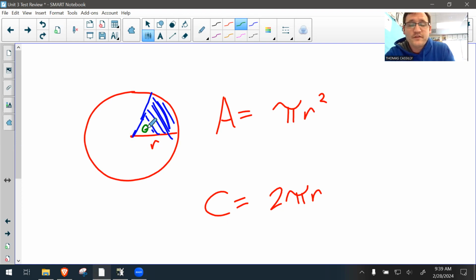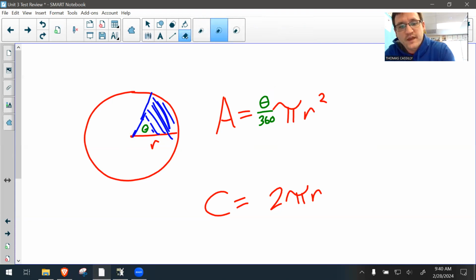In degrees, there are 360 degrees in a full circle, so we take that central angle theta and divide it by 360. That gives us the fractional piece of the area of that circle.